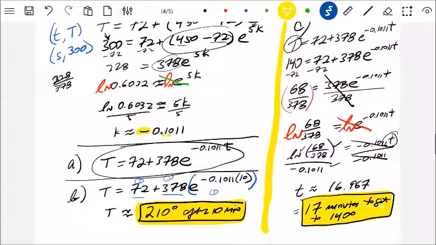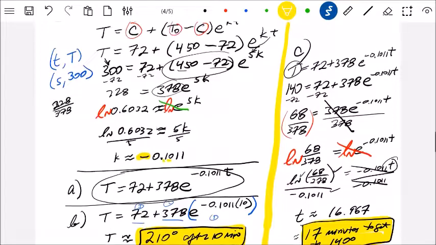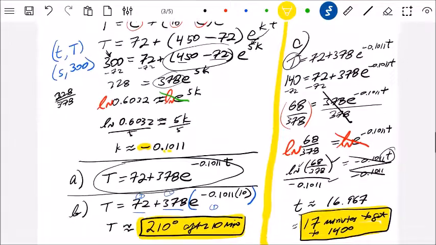Okay. So let's resolve. Oh, and I need to actually put the formula since that's an important problem.